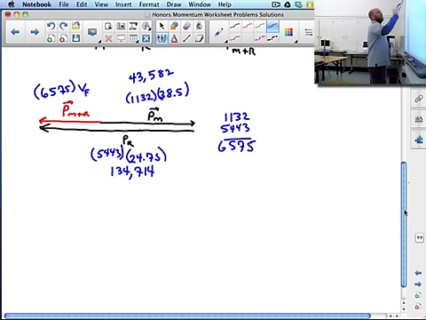I'm noticing that this vector, the magnitude, the 43,582, and this vector here, well, I'm not going to be able to add that. Let me take that out. Let me go at it a different way. This vector here, the magnitude only minus this vector here, right, is going to give me the red vector.